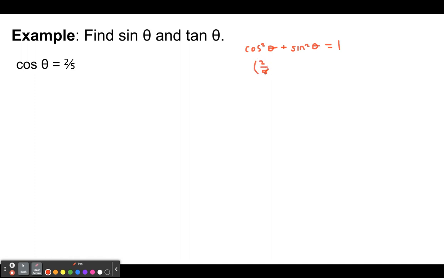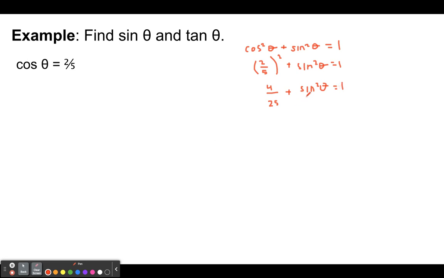So it's going to be 2/5 squared plus sine squared theta is equal to 1. And then 2/5 squared, well, 2 squared is 4, 5 squared is 25, plus sine squared theta is equal to 1.